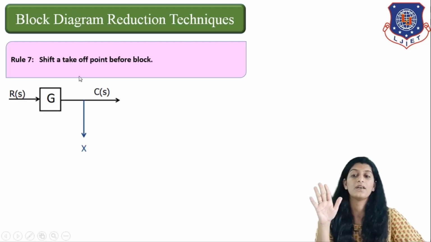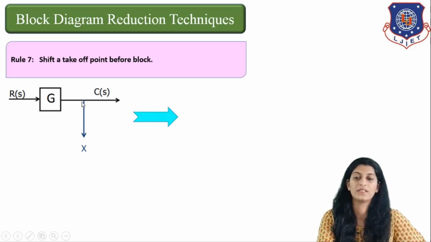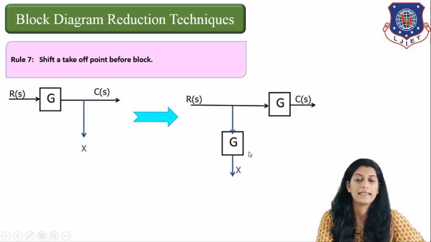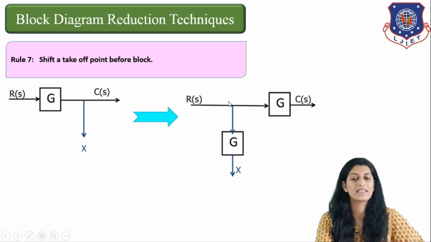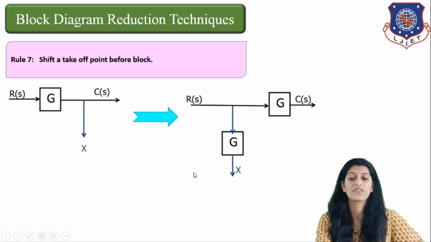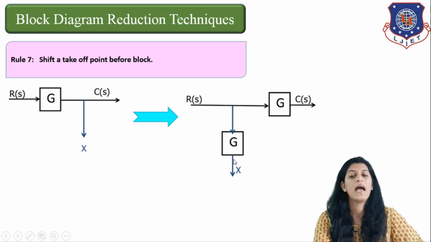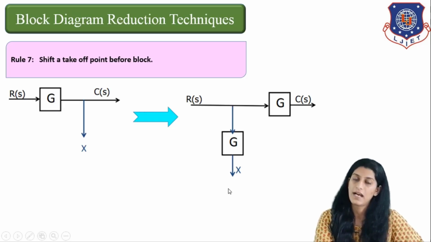Correct. So here we want to shift this takeoff point from one point to another. Let's see how we can do this. Whatever the value of R is going there, we just need to send it to the transfer function which is equivalent to G. So it is G here, and then you can get X as output.